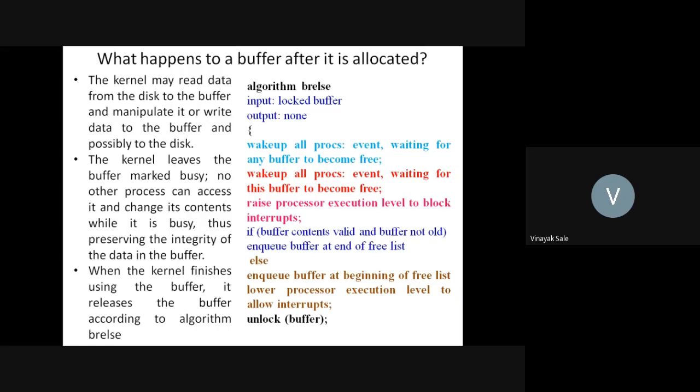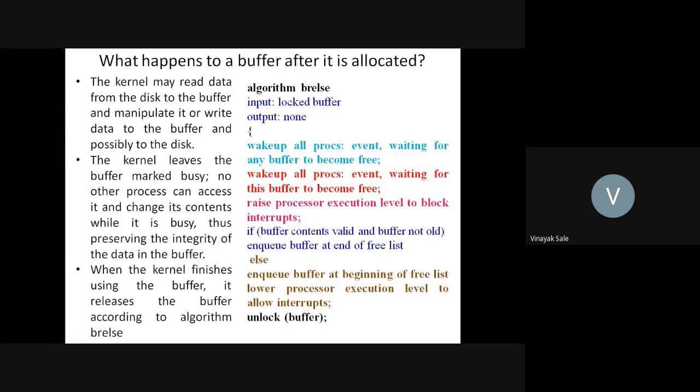That buffer is marked as busy so that no other process can access it or change its contents.